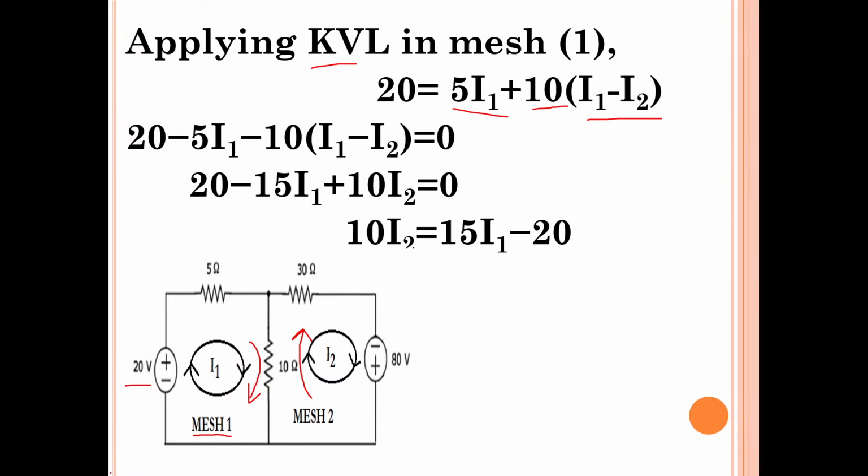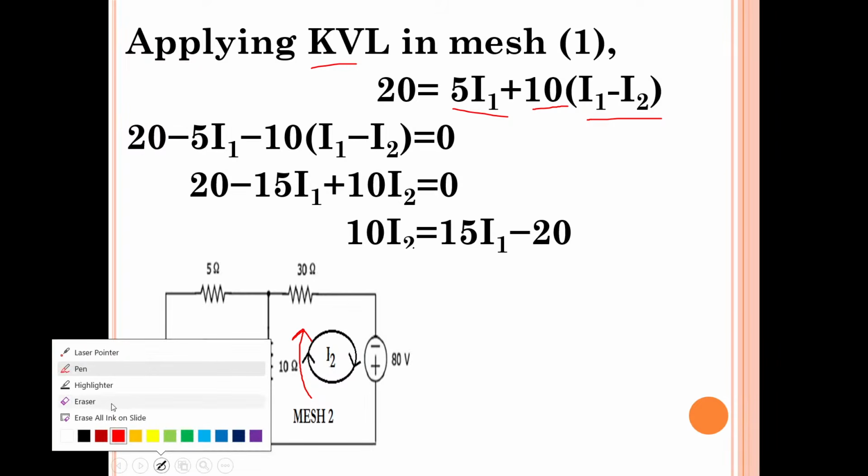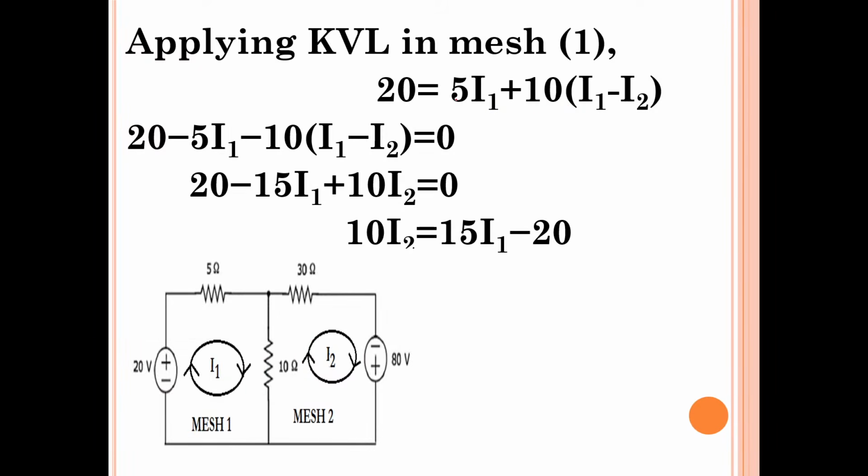Now expand this equation. What I have done is simply shifted all the right side terms to the left side in the next equation. While I am explaining, you can note it down in your notes. So 20 minus 5 I1 minus 10 into I1 minus I2 is equal to 0.